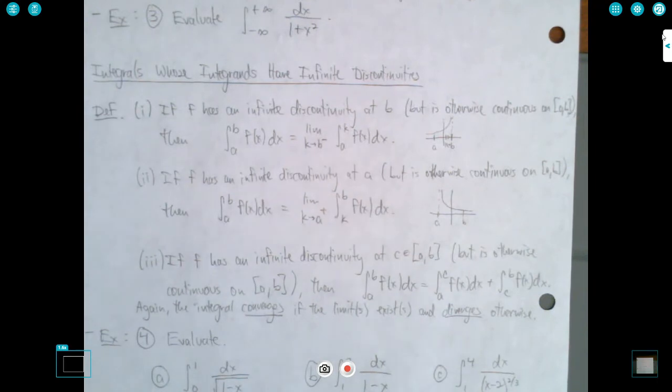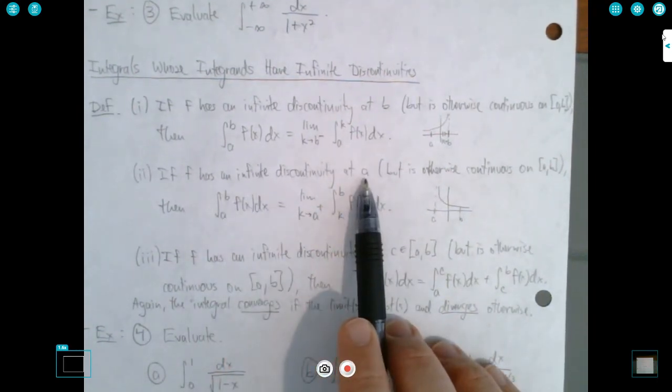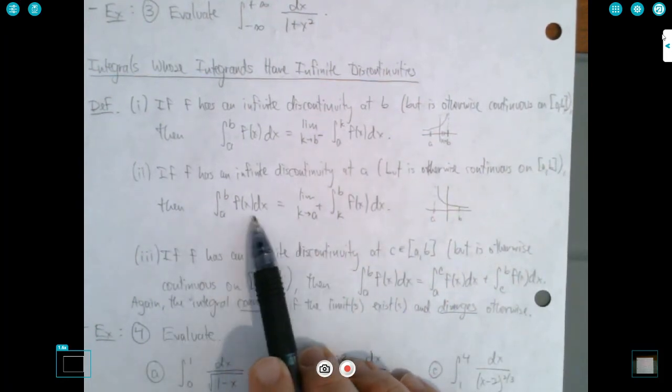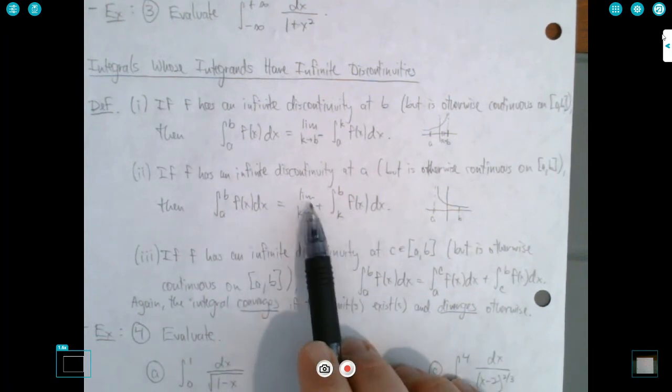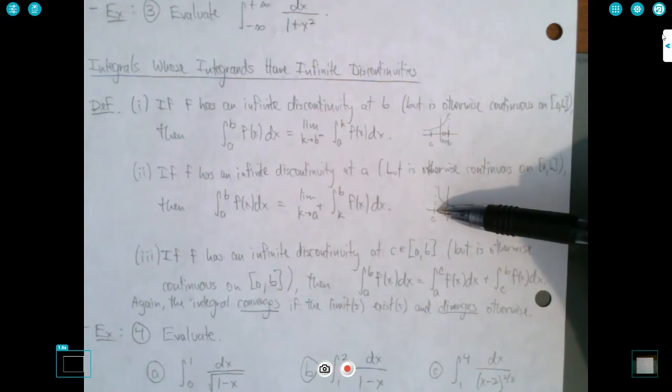Similarly, if you've got a vertical asymptote on the left endpoint a, you're just going to replace a with k, and then take the limit as k approaches a from the right.